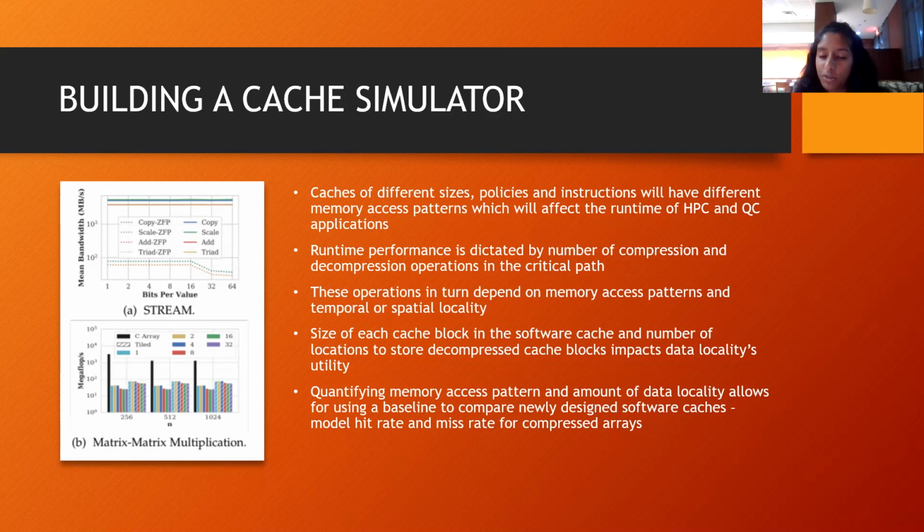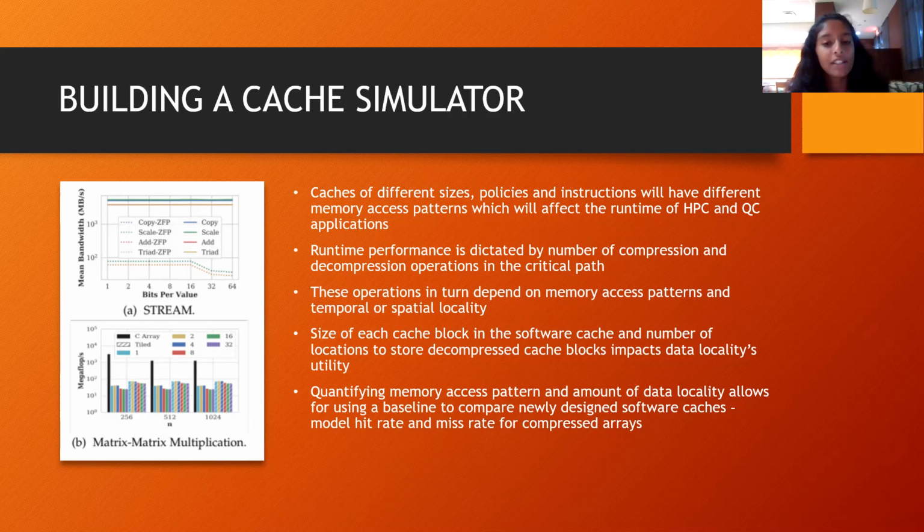So in our simulator, what we basically do is model the performance, and a user will input the cache size, the policy, and also the dimensions of the specific application that they want to test.